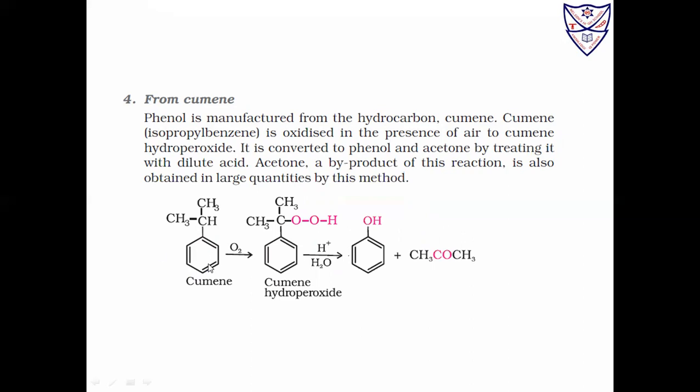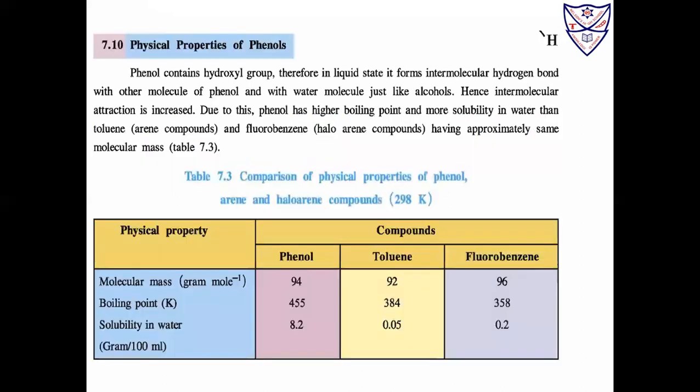So on oxidation of cumene, we get cumene hydroperoxide, and with acid we get phenol. What remains is acetone. Acetone is a byproduct of this reaction and is obtained in large quantity by this method. That is the cumene method.